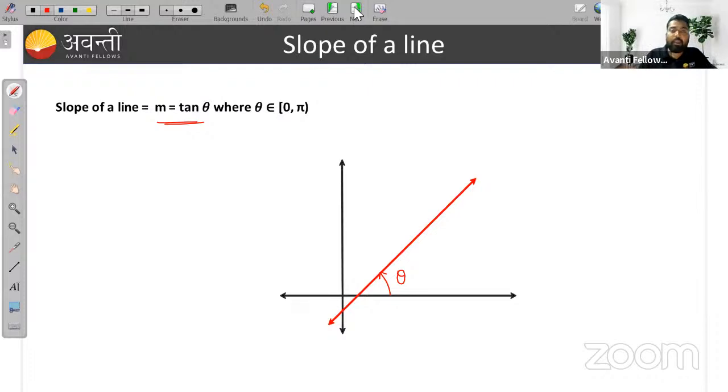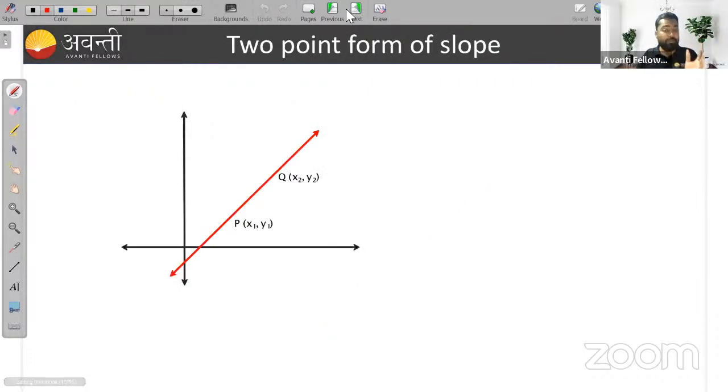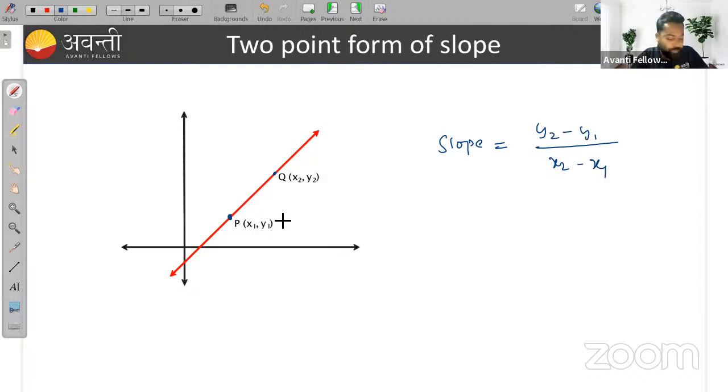Is that clear? And one other form we have already studied: if you are given 2 points on a line, then the slope of the line is y2 minus y1 upon x2 minus x1. So this is the 2-point form of the slope of a line.